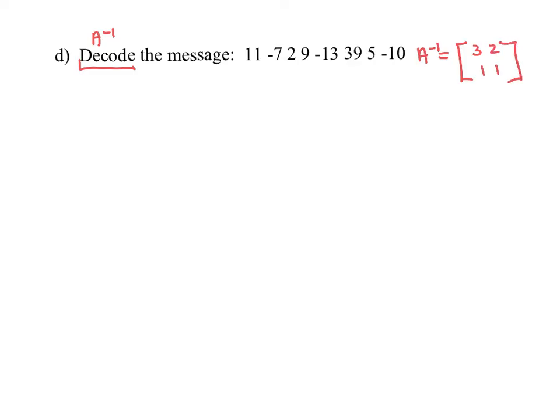Because that's 2 by 2, when I write the message I'm trying to decode, I'm going to put it in 2 columns. So 11, -7, 2, 9, -13, 39, 5, -10. And again, if there had been an extra space with no letter, I would put a 0 in the extra space.